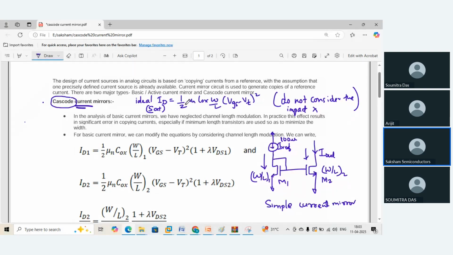And your current mirror, whatever you design, is purely dependent on whether the MOSFET is biased in the saturation region or not.